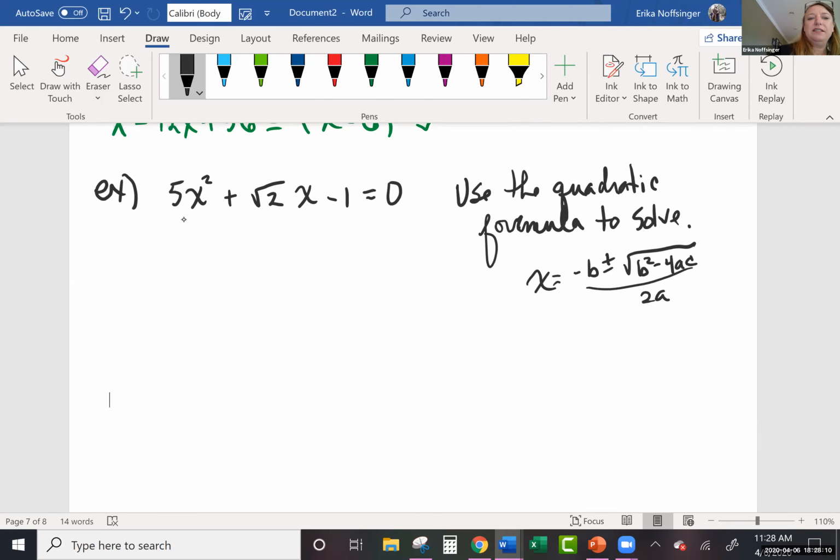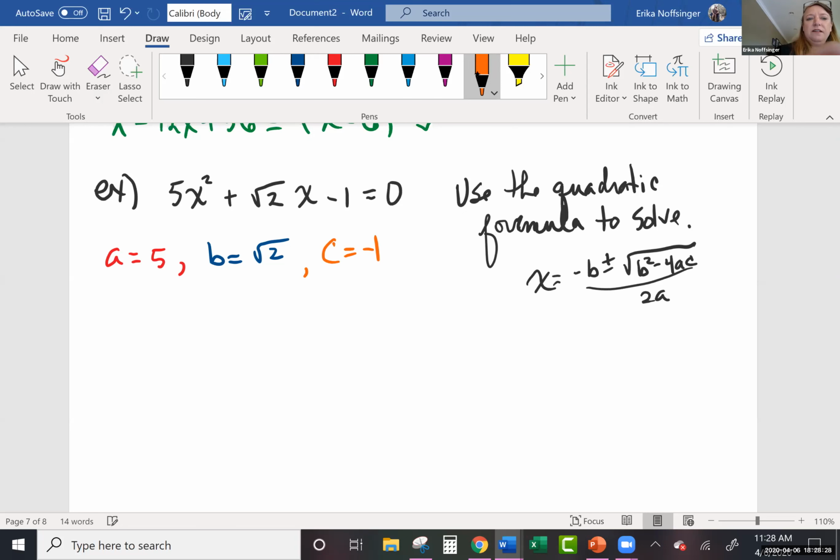A is awesome, is 5, so A is 5. B is equal to root 2. And C is equal to -1.